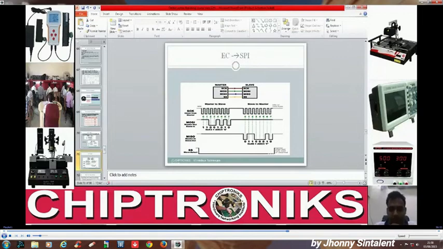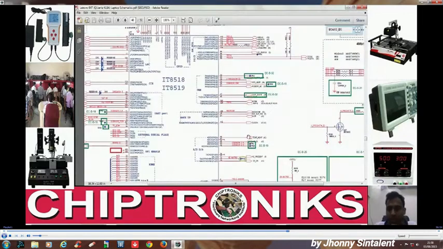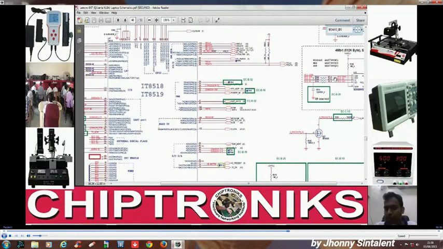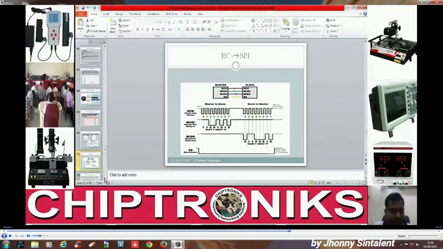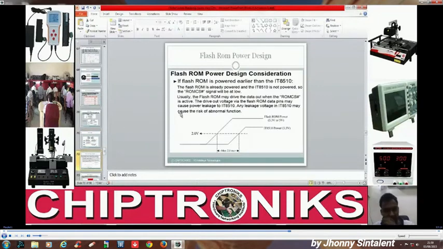So remember these two important points, serial clock and chip select. These are provided by the IO controller, because IO is the master over here. Okay, master over here. So we go to the next slide, and this is flash ROM power design.